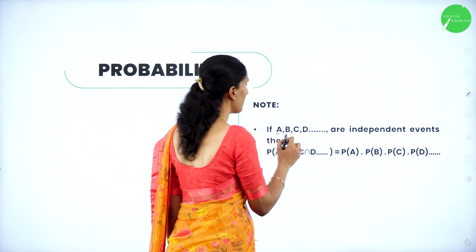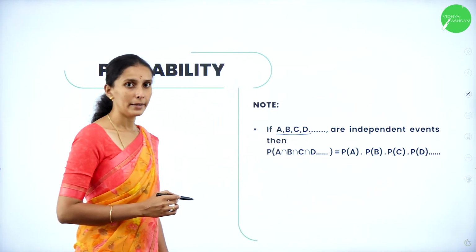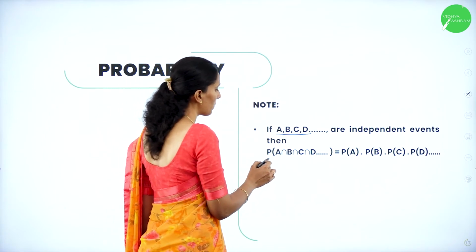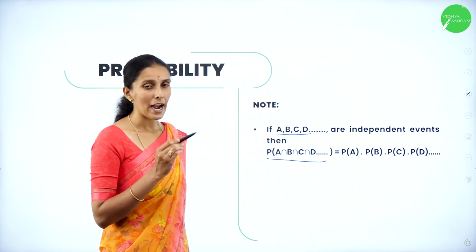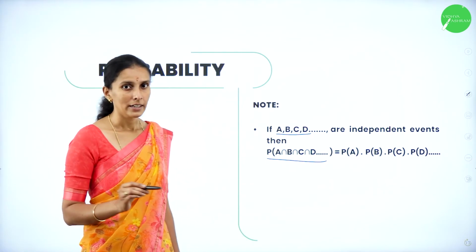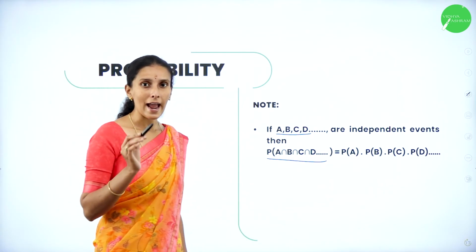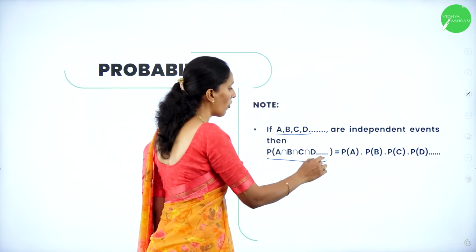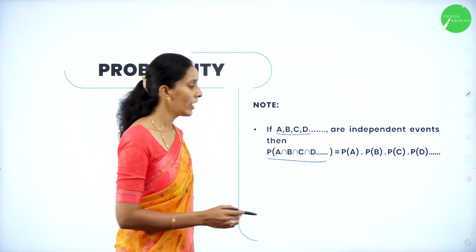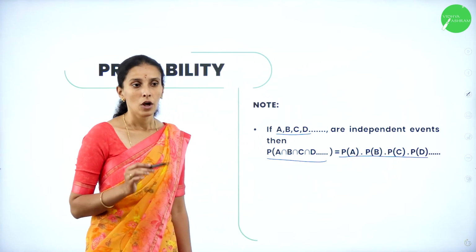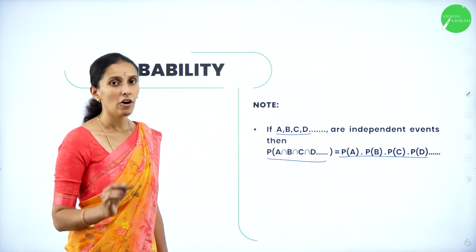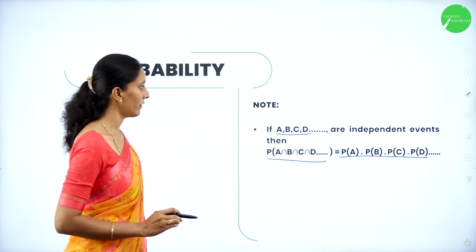Here we have A, B, C, D. They are independent. Then the probability of the intersection of all events, that is A and B and C and D, is given by the product of the probabilities of all the independent events.